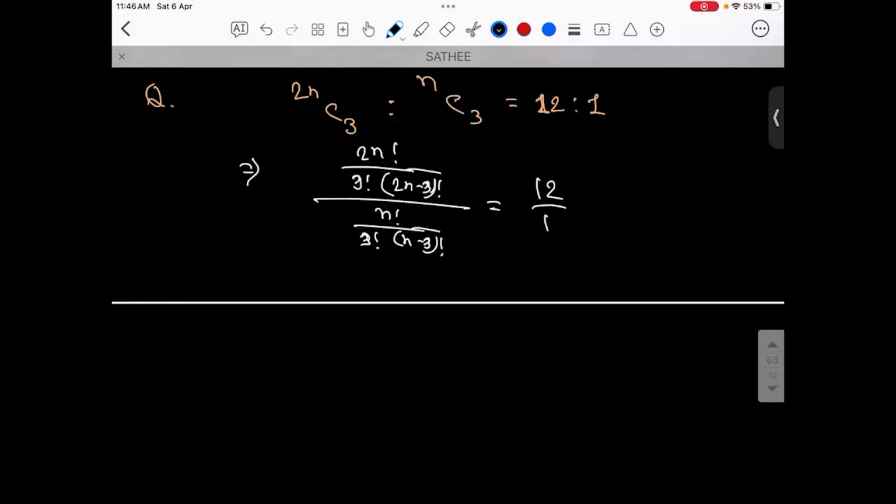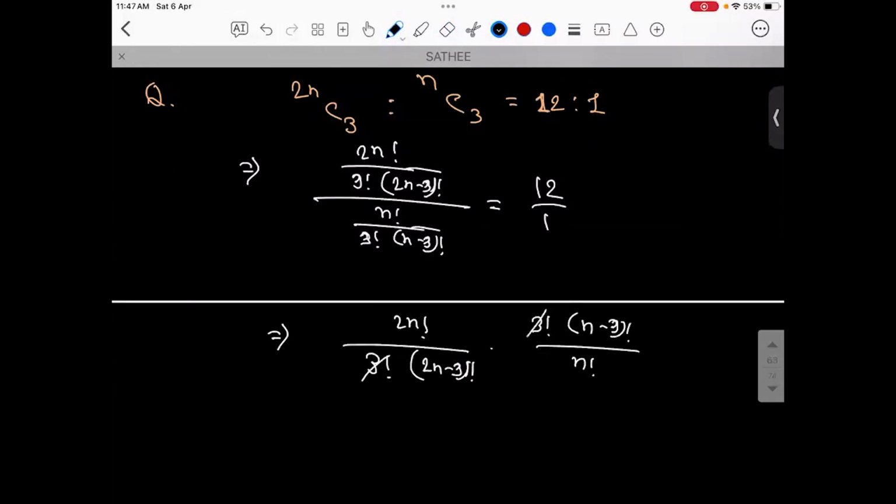So from here, what will I get? We get 2n factorial, 3 factorial, n minus 3 factorial divided by 2n minus 3 factorial, 3 factorial, n factorial. Now this 3 factorial will cancel, equal to 12 into 1.